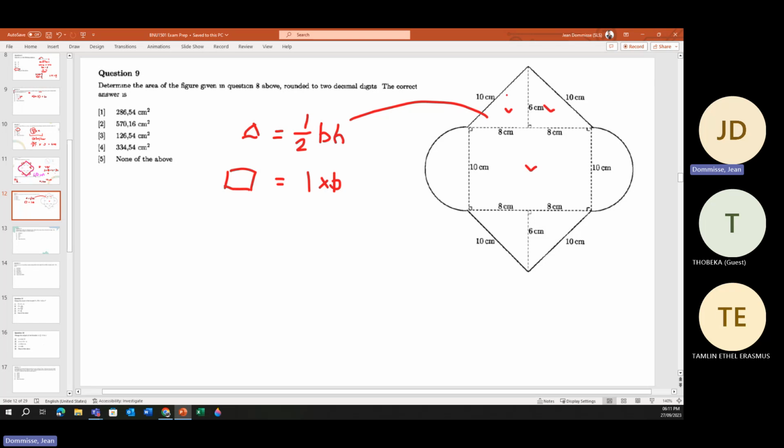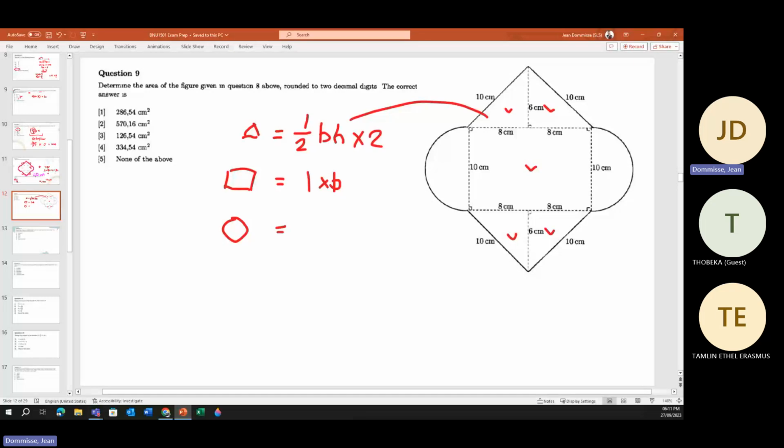Then this one looks very similar to that one, so we can multiply that triangle by 2 because it's 8 and 8, the height is 6, and 10, 10, so we will get the same answer. And then we need to add the area of the circle, so we can actually just take the full circle.